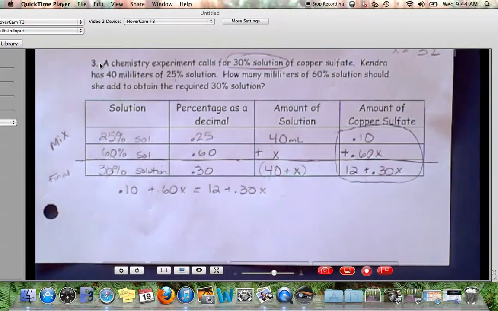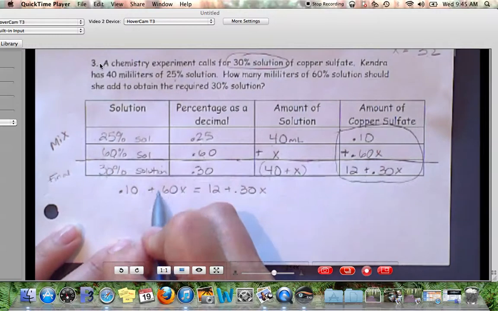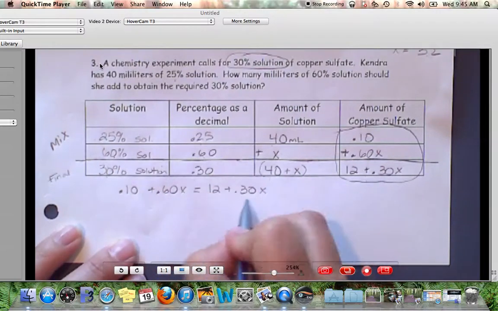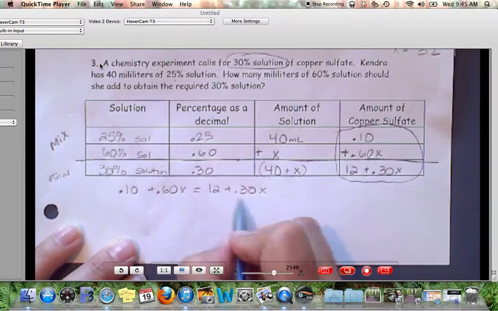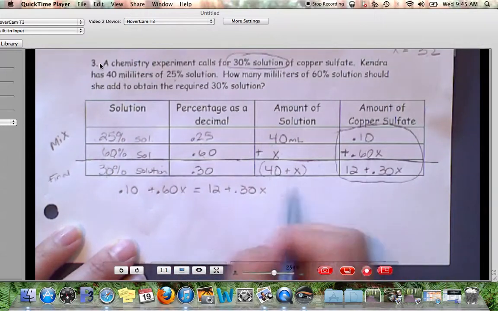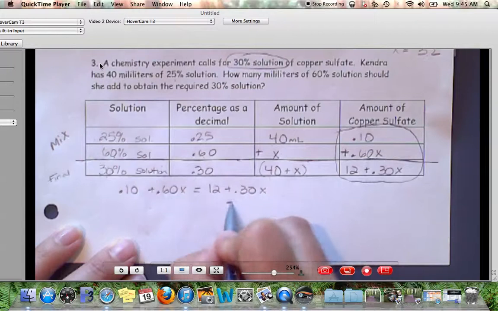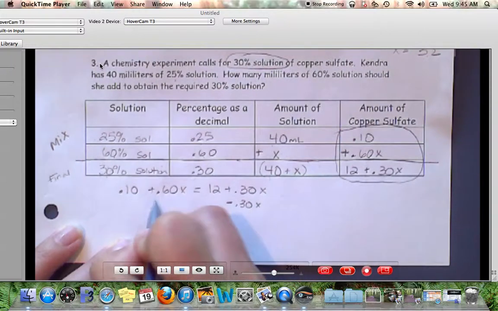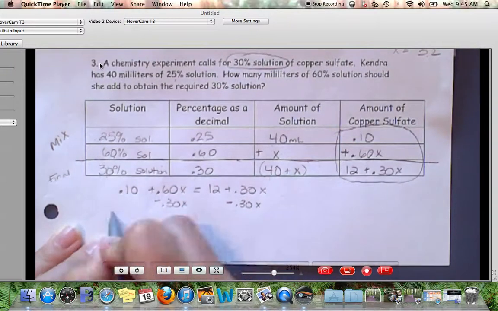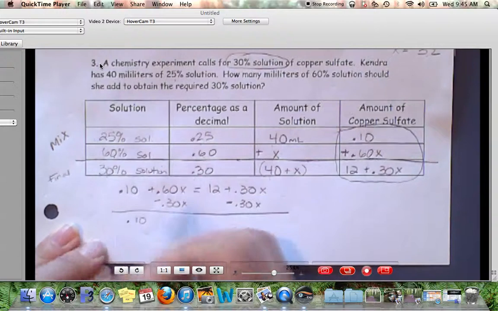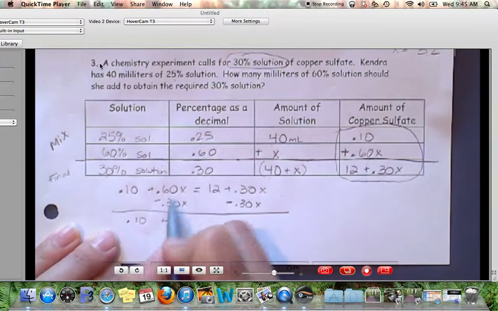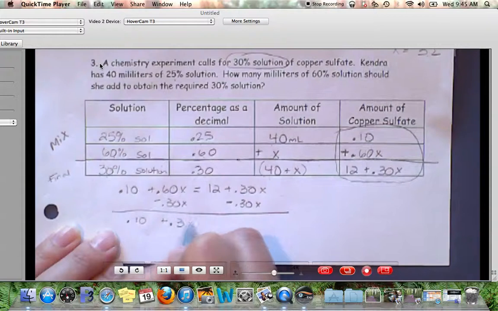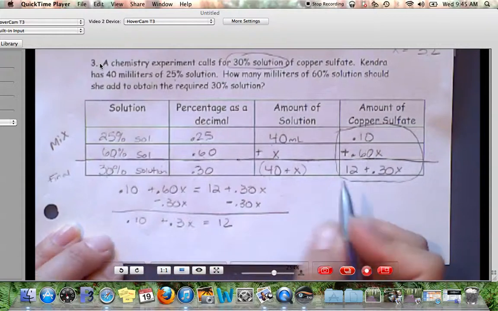You just have to be very careful with your decimals here. So we're going to subtract. We need to get all the x's together, and we want to work on moving the smaller one. So we're going to subtract 0.30x minus 0.30x, and that gives us 0.10 plus 0.6 minus 0.3, which would give us 0.3x, and that leaves us with 12.